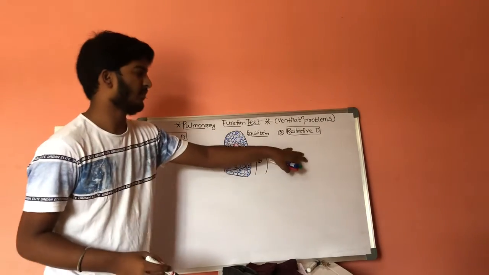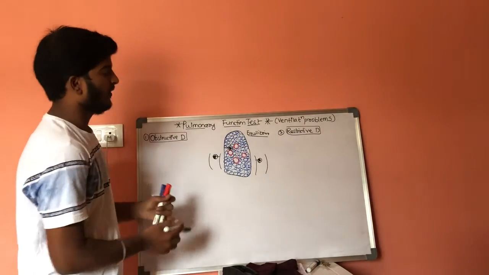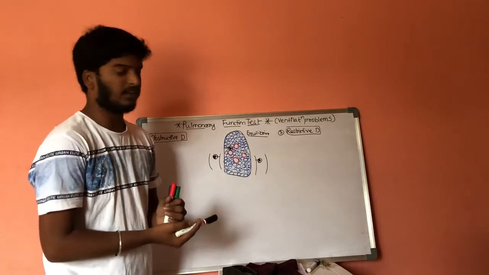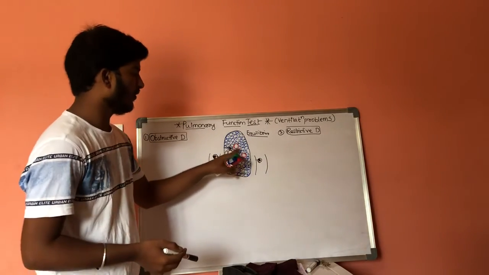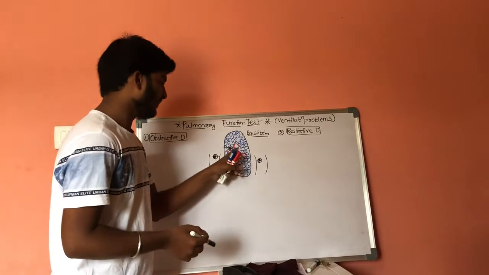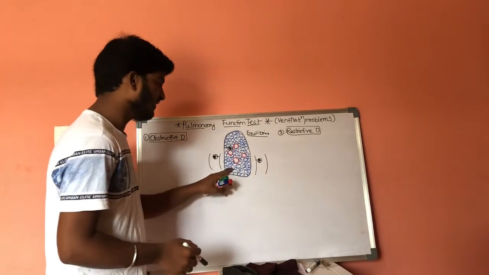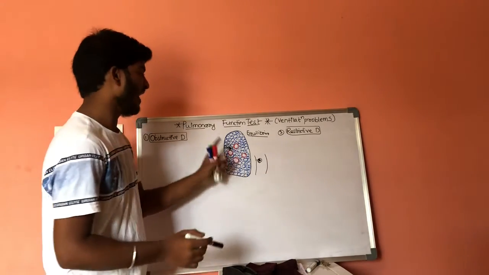First, let us discuss restrictive disorder. In restrictive disorder, there is no defect in the airways, but there is a defect in the parenchymal cells and alveoli.